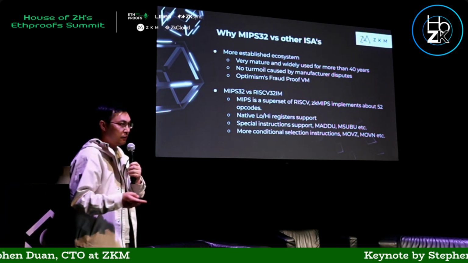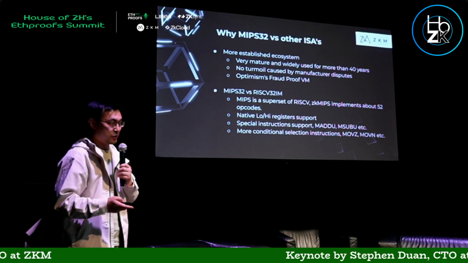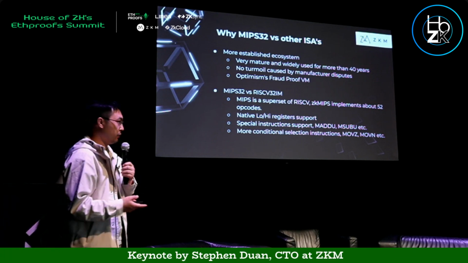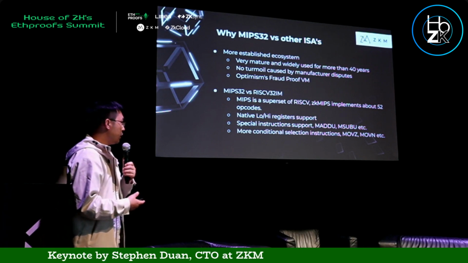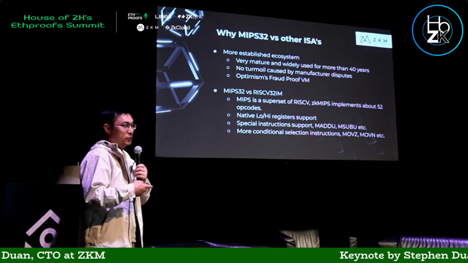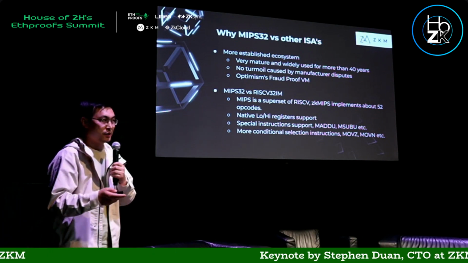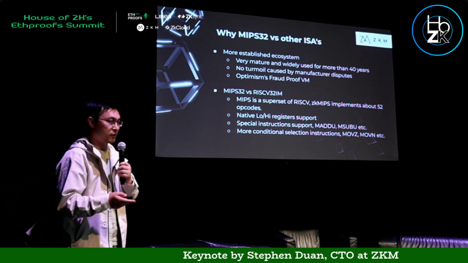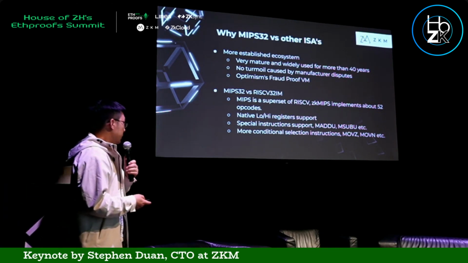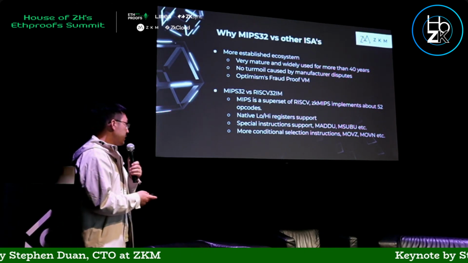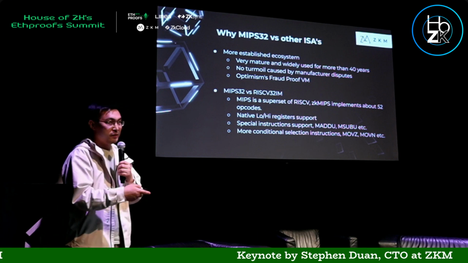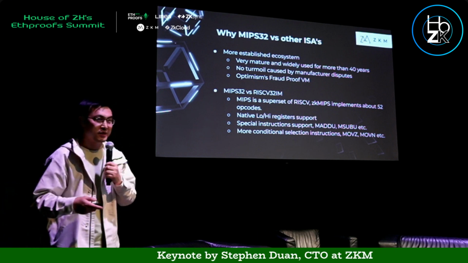We have native LO and HI registers, which are special registers. If you are using RISC-V, you may need to use customized state registers to implement LO or HI. We also have other special instructions like multiply-add and multiply-subtract.